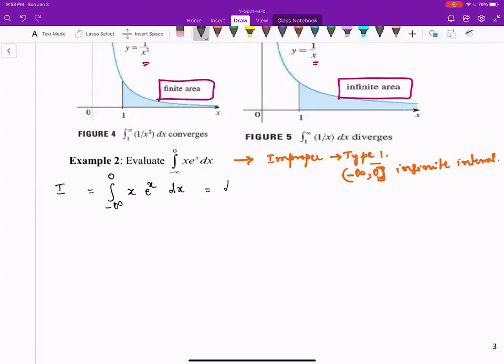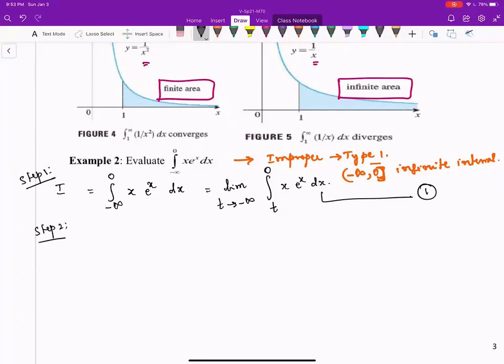Then we write the improper integral as the limit as t approaches negative infinity of the integral from t to 0 of x e to the x dx. This is step 1 in the problem: identifying it as an improper integral and then using the limit to write it down.